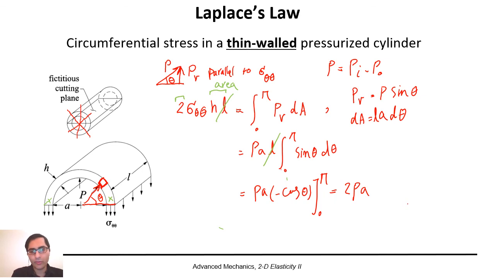Okay, so we can say that sigma theta theta is PA divided by H, because these 2 and 2 here cancel each other. And that's a very simple way of finding circumferential stress everywhere in a thin-walled pressurized cylinder.